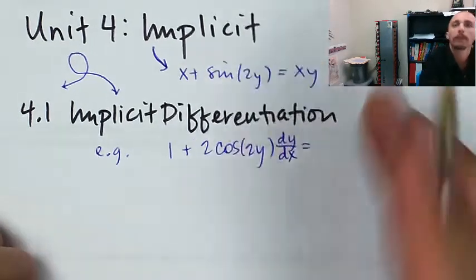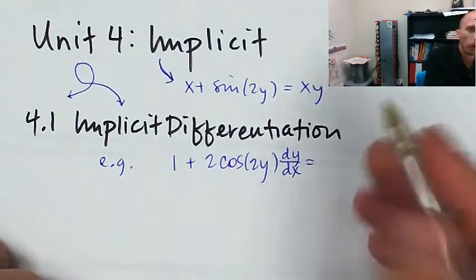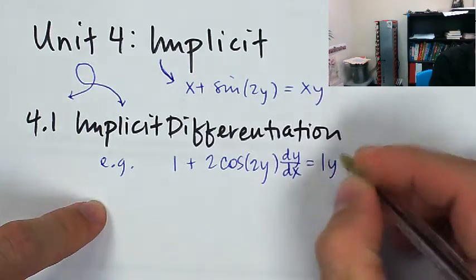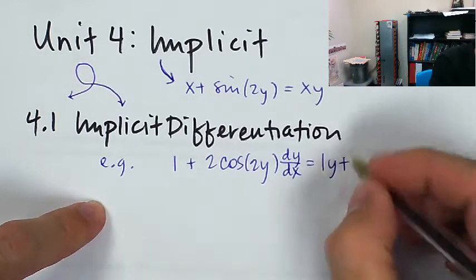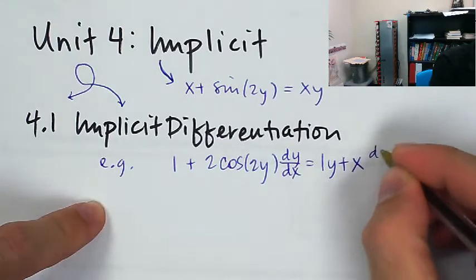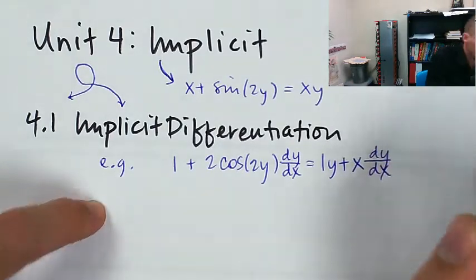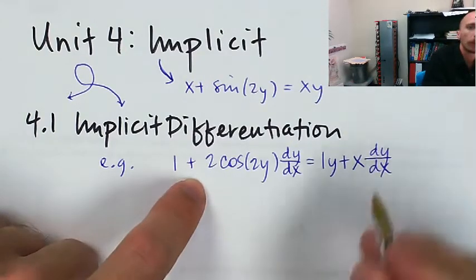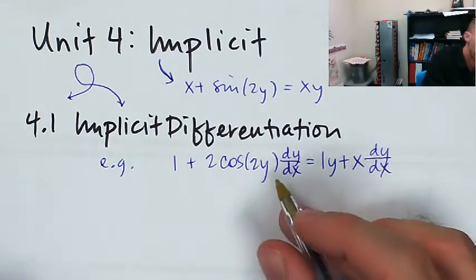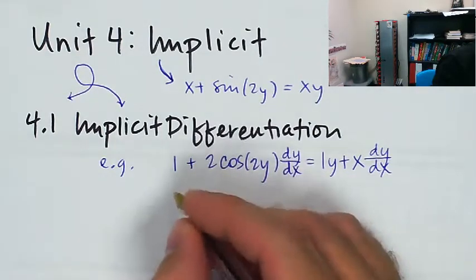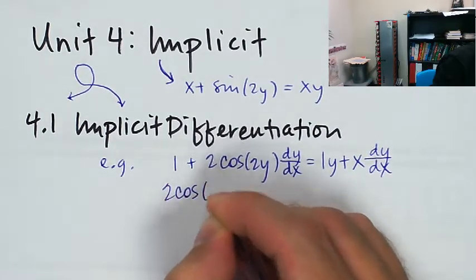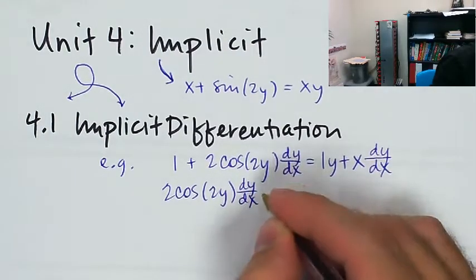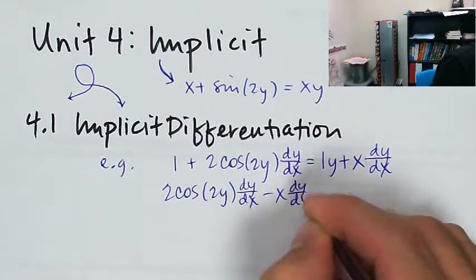Over here, x times y is a product, so we need to observe the product rule. We take the derivative of x with respect to x first and leave y the same, so it's 1y, plus leave x the same and take the derivative of y with respect to x. Then if we had to solve for dy dx, which is very often the case, we would collect everything with dy dx to one side: 2 cosine of 2y dy dx minus x dy dx.